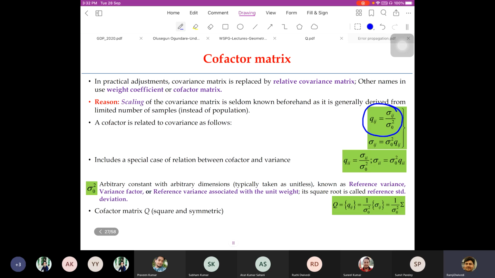Small q represents the cofactor matrix, and small sigma represents a component of the variance covariance matrix, which is referred to by one component called sigma naught square. So sigma ij is sigma naught square times q ij, and the middle bracket represents the component of a matrix.